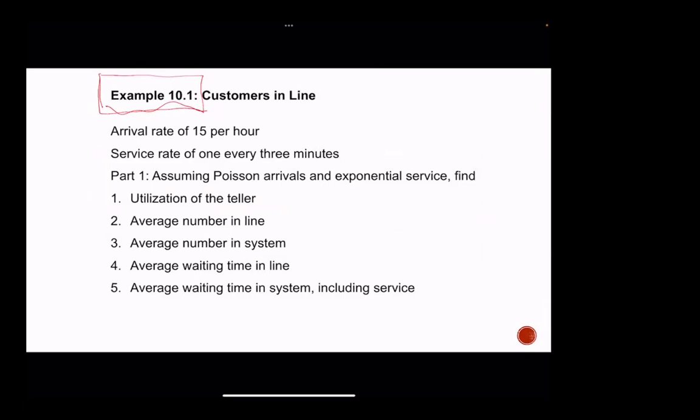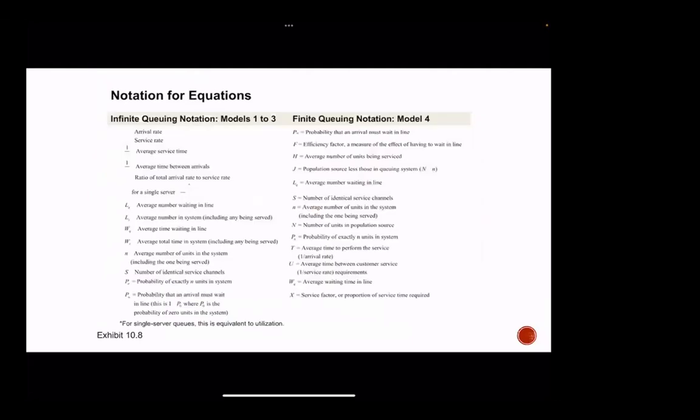But before that, I'd like to help you go over the factors or formulas you may use for chapter 10. This is lambda, this is mu, the first and second factors you may use later.